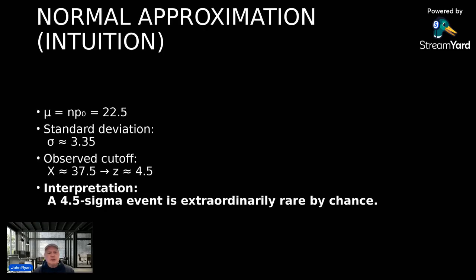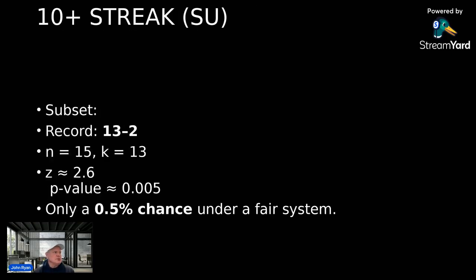So let's get to normal approximation. Normal approximation is the next step in finding the p-value. In this situation, we have a subset of 10 plus wins, 13-2, even smaller sample size, obviously, but a much higher win percentage. And the p-value is calculated, the sigma is 2.6, which is extraordinarily rare. The p-value is 0.005.